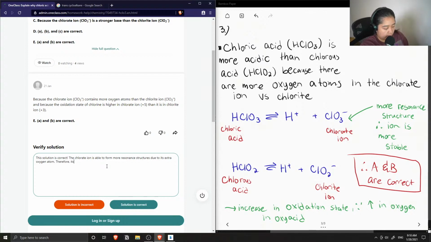Therefore, its ion, which is the chlorate, is more stable compared to the chlorite ion. I already mentioned that it was the chlorite. I'll just say therefore it is more stable. Okay, so this solution is correct.